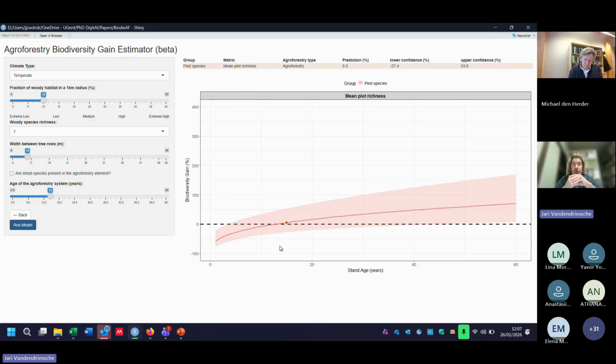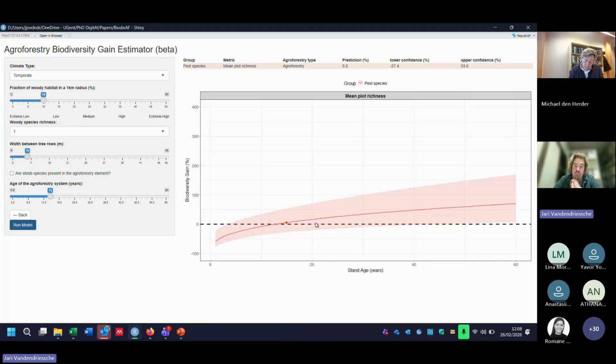So it means you have more species of herbivores here, but that's quite a logical effect because you are integrating trees and shrubs which are initially not in the field, but each of these shrubs or trees has its own herbivores, species that really feed on the leaves or even the stem of a certain tree species. And that's actually the effect that you see here. So the positive effect is really the bonus of herbivores attached to the trees you are integrating.